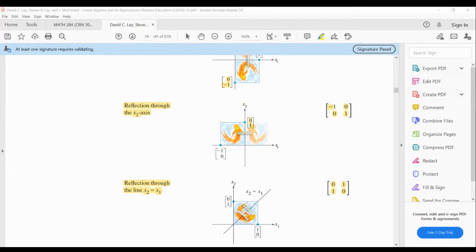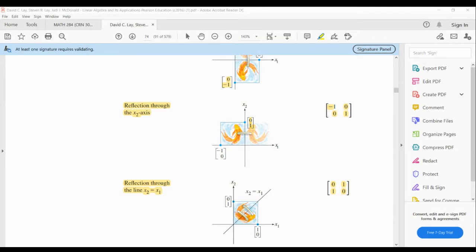Why is the second vector 1, 0? Okay, Haley, that's exactly right. 0, 1 maps to 1, 0.